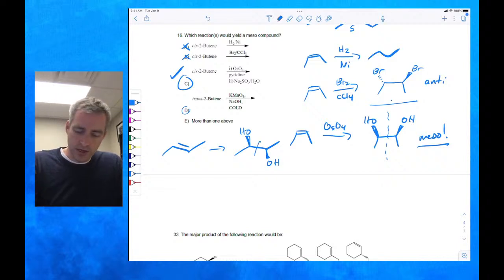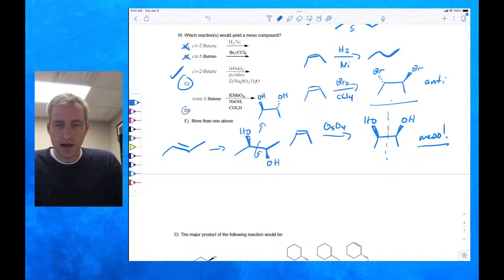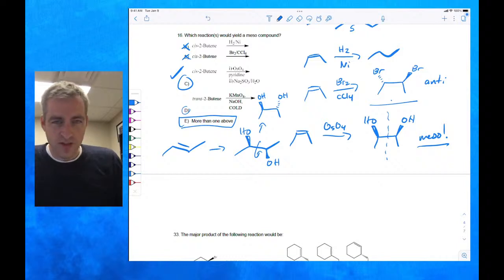And if you do a rotation around there, you'll get this, which is, again, chiral. You'll get its enantiomer formed as well, and not meso. More than one of the above? Not that. The only one that'll do that is C.